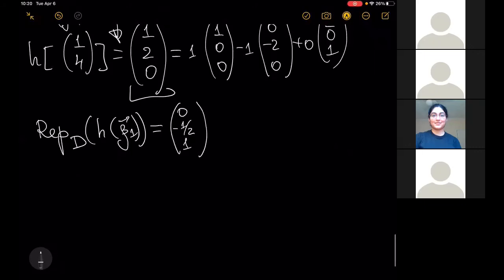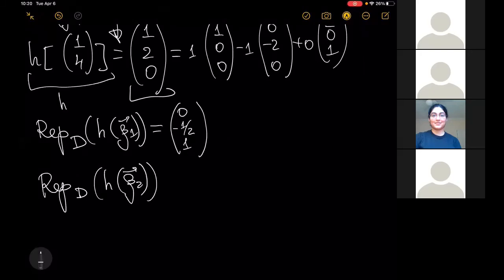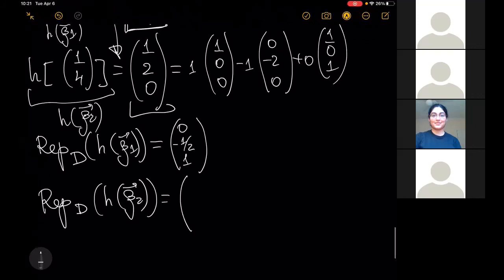Another representation with respect to the basis D, of the result of application of my homomorphism to the second vector of the basis, could you tell me what is the representation? (1, -1, 0). Yes, thank you.